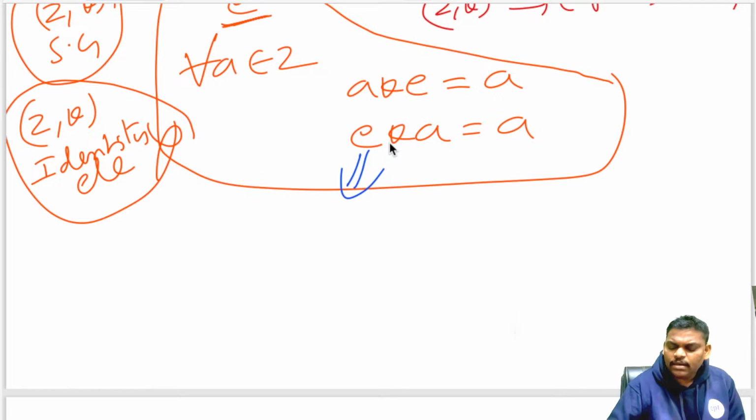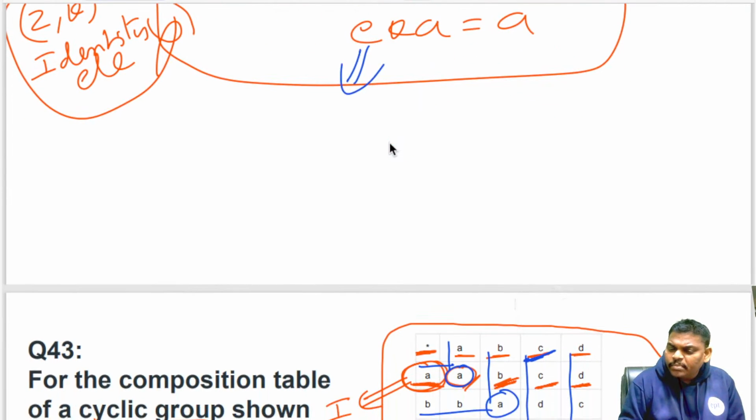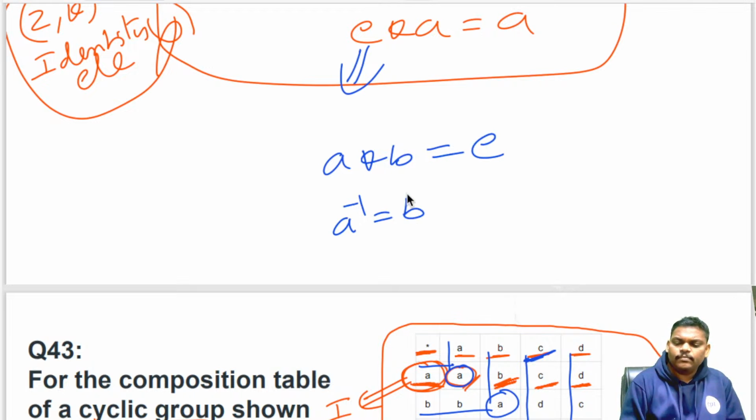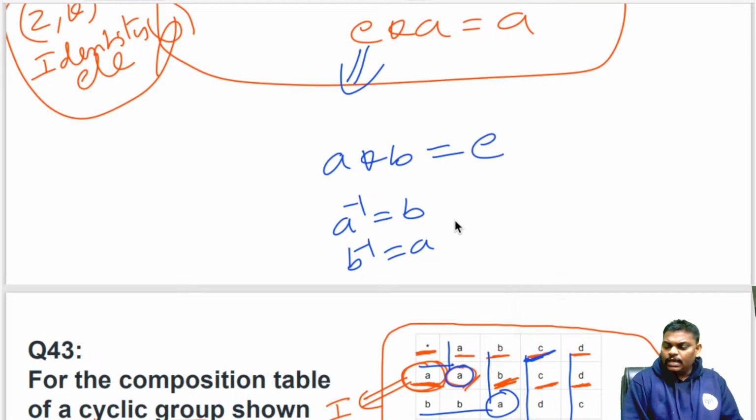Let us assume two elements, A star B is equal to E. That means A inverse is B, or B inverse is A. Careful.